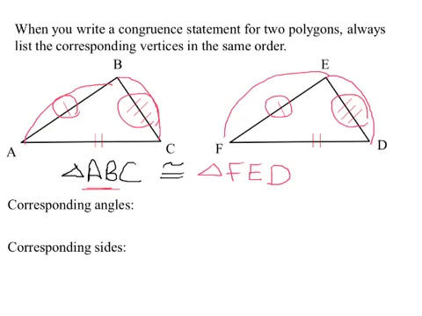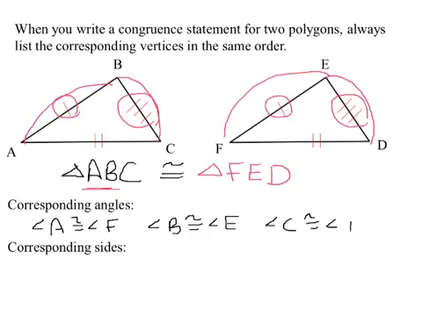We can also list the corresponding angles. Angle A is congruent to angle F. Angle B is congruent to angle E. And angle C is congruent to angle D. Those are all the corresponding angles. You can also list the corresponding sides, and those are shown by the tick marks. You can say side AB, which is a segment, is congruent to FE.